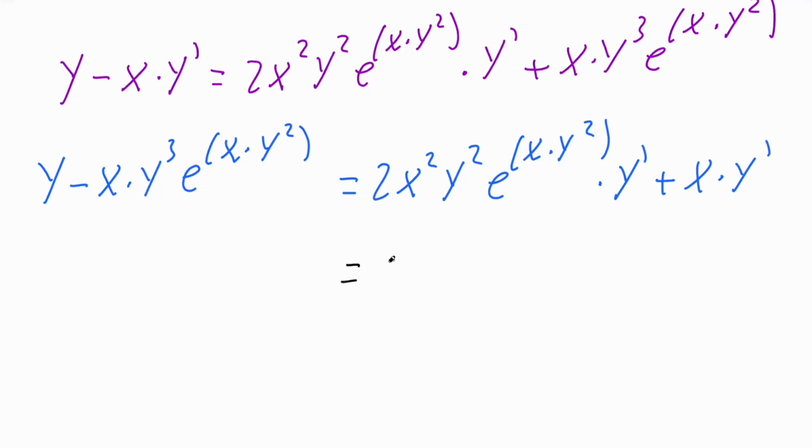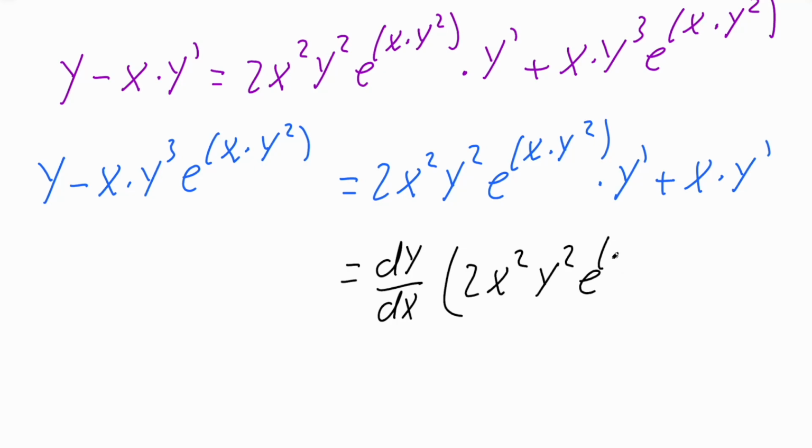So we know y prime is dy divided by dx. Parentheses. Now we have to put what we have: 2x squared y squared e raised to x times y squared, close it, plus, this is just a regular x, close it. Our last thing is to isolate dy over dx, so we're going to divide.